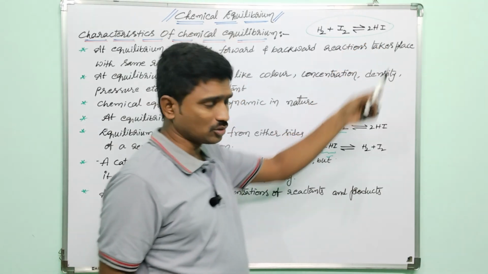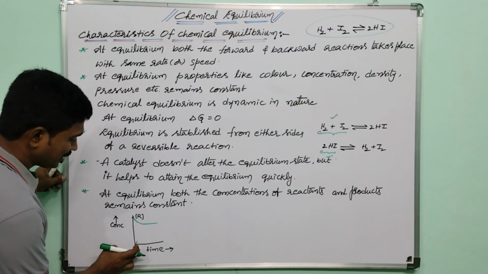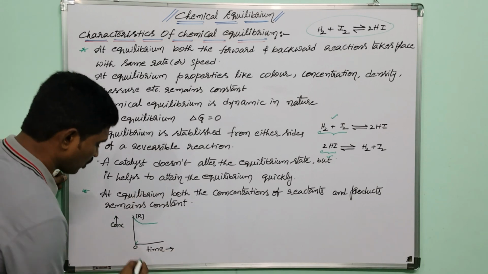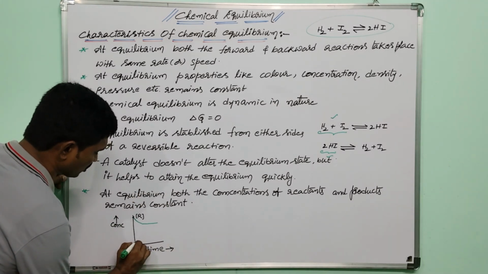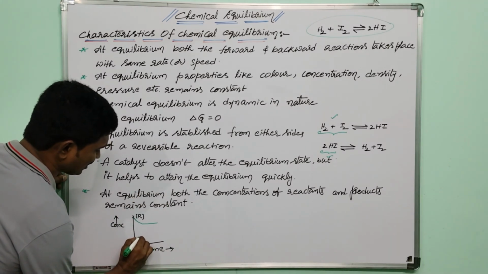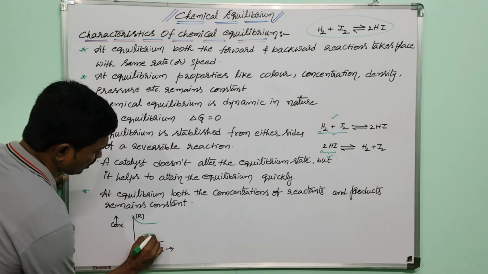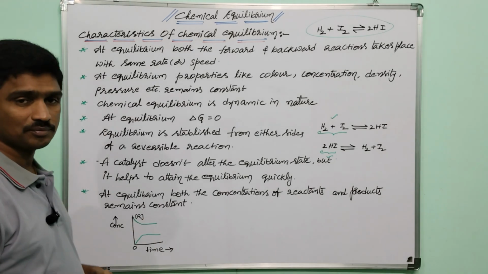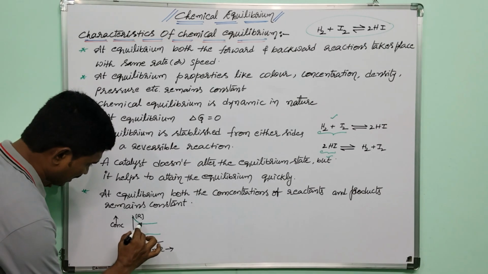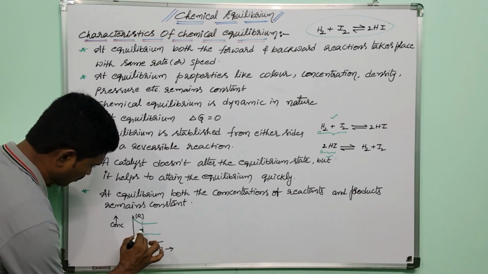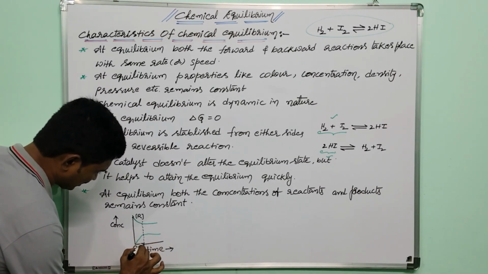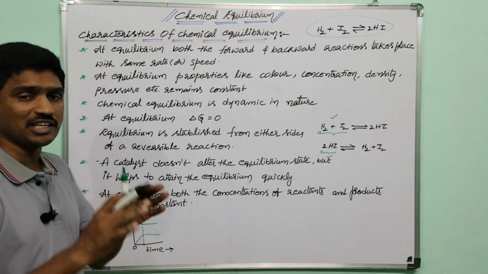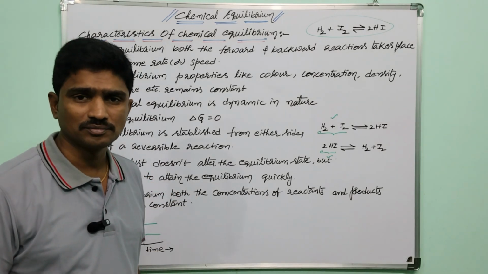So initially product concentration is 0, and as the time progresses, product slowly forms. Product concentration increases, and after some time it becomes constant. So here there is the constancy. This is the time at which an equilibrium is established.